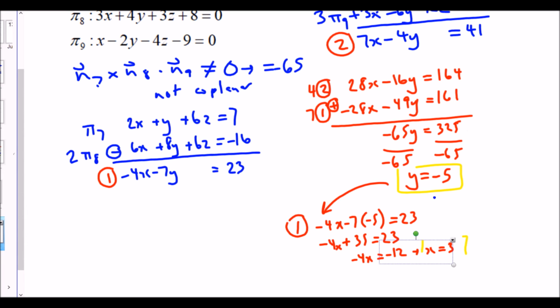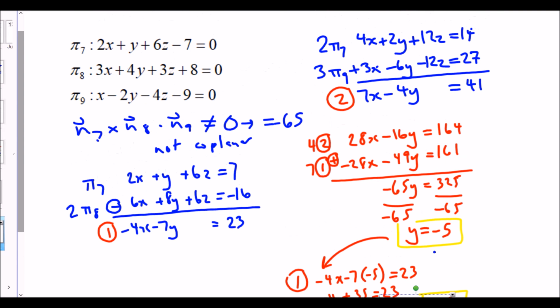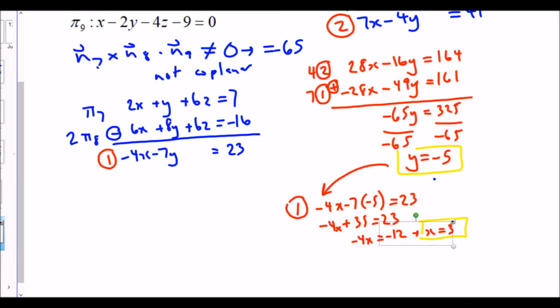All right, Mr. Wills, how do you get the third? The third, I just choose one of my planes. What plane should I use? I'll use plane 9. So I'm going to substitute this and this into plane 9. So here we go, I'll do it in green just for fun.